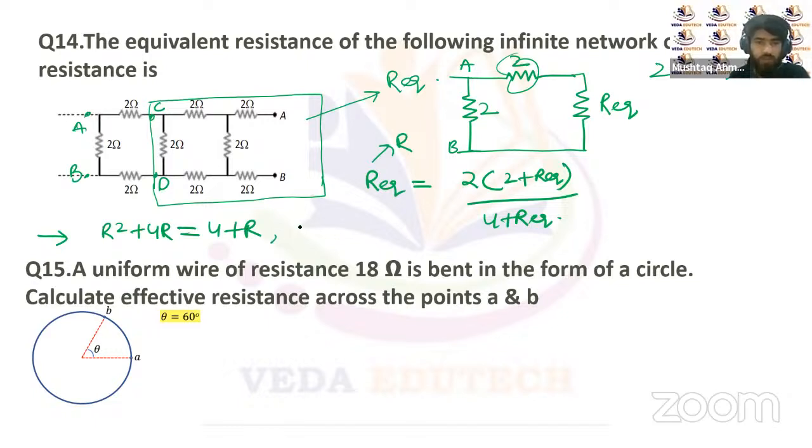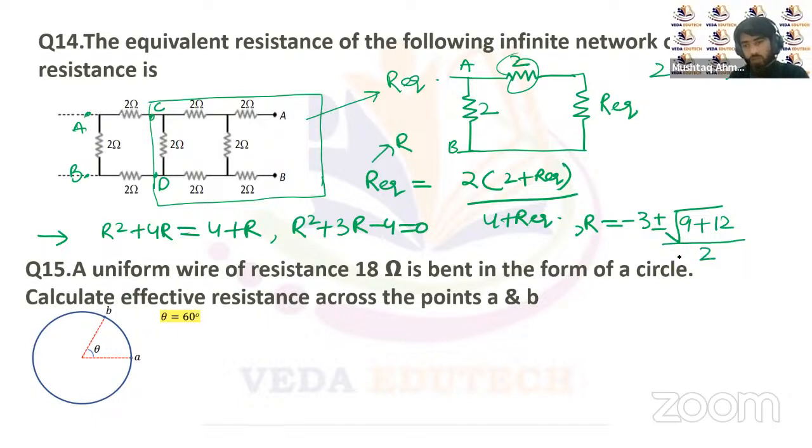From here you can see we'll have the final quadratic equation R square plus 3R minus 4 equal to 0. So the R value will be R equal to minus 3 plus minus under root of B square minus 4AC, upon 2A. B square is 9, minus 4AC, that is 4 into 4 is 12, giving 9 plus 12, which is 21, upon 2.